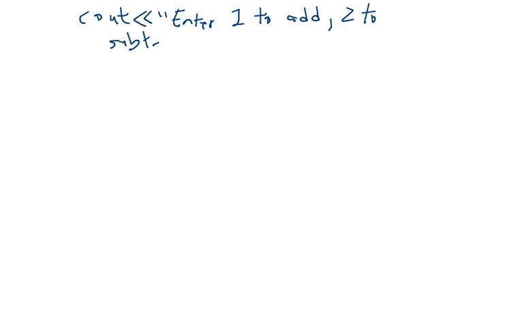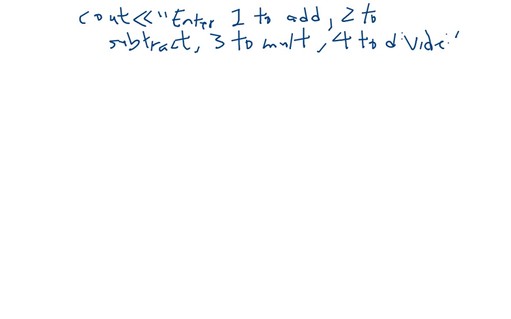I'm leaving out some words here for simplicity. 3 to multiply, 4 to divide. Or something like that. So you give them a choice: enter 1, 2, 3, or 4. And then based on what they choose, you're going to do different things.